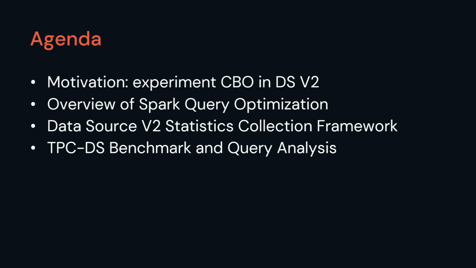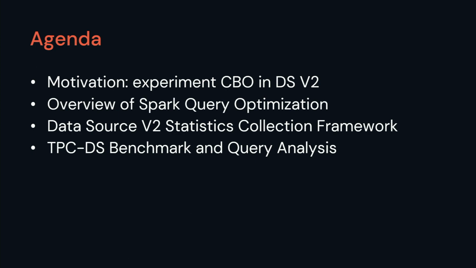Originally, the cost-based optimization only works for data source V1. So for us, in order to experiment cost-based optimization in data source V2, we have introduced a couple of new interfaces, and we make the V2 data source implement the new interface.